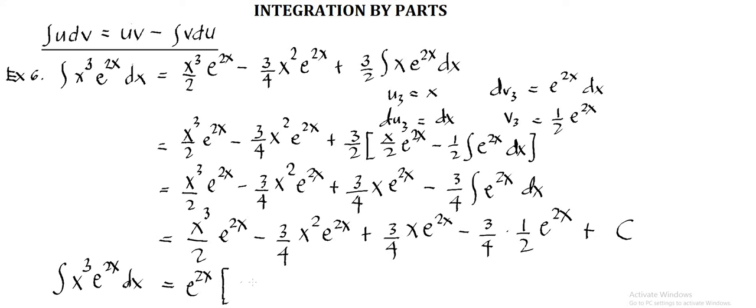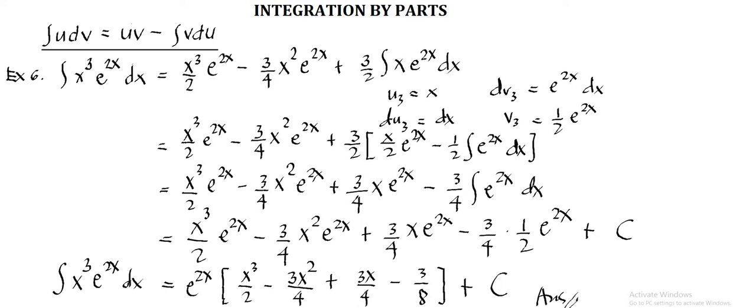So, magkaroon lang tayo dito ng x cubed divided by 2, and then minus 3x squared over 4, and then plus 3x over 4, and then minus 3 over 8, and then plus c. And this is now our answer.